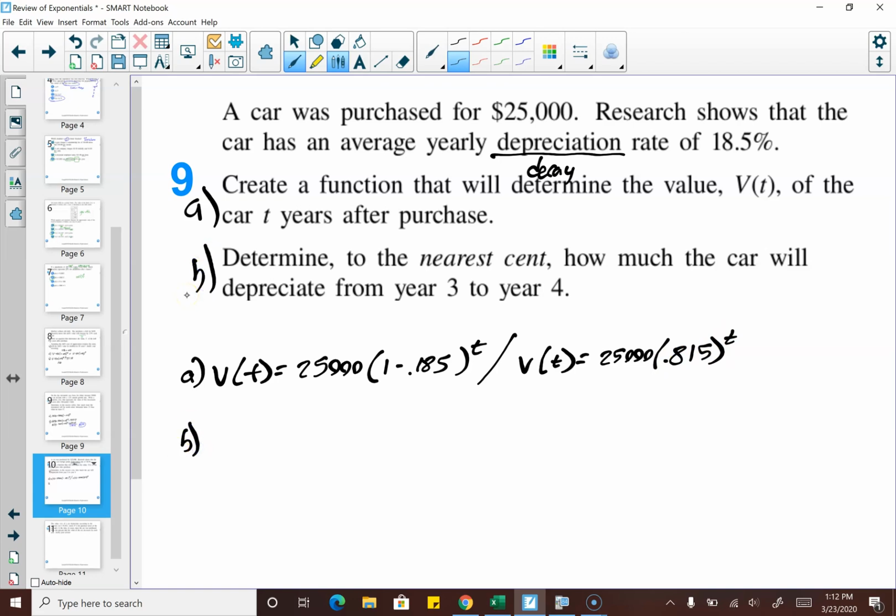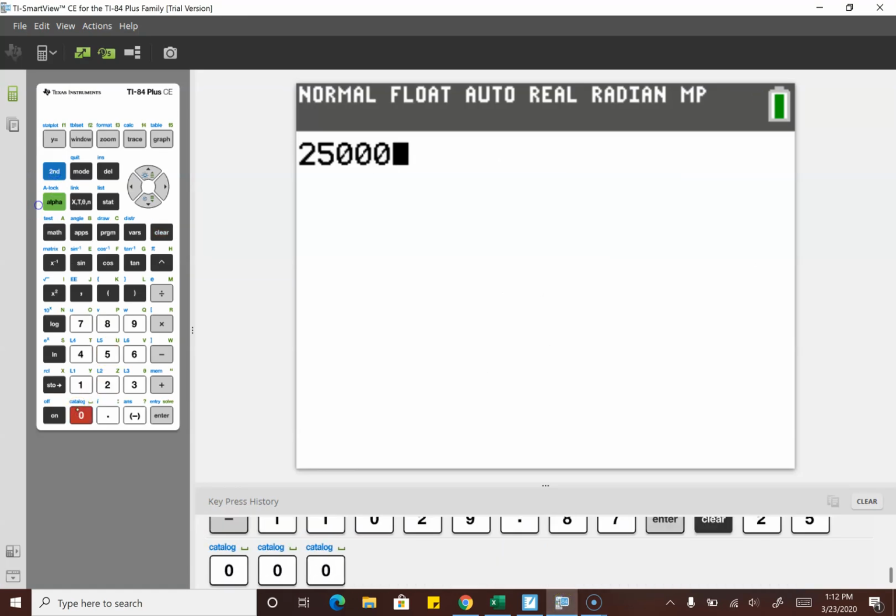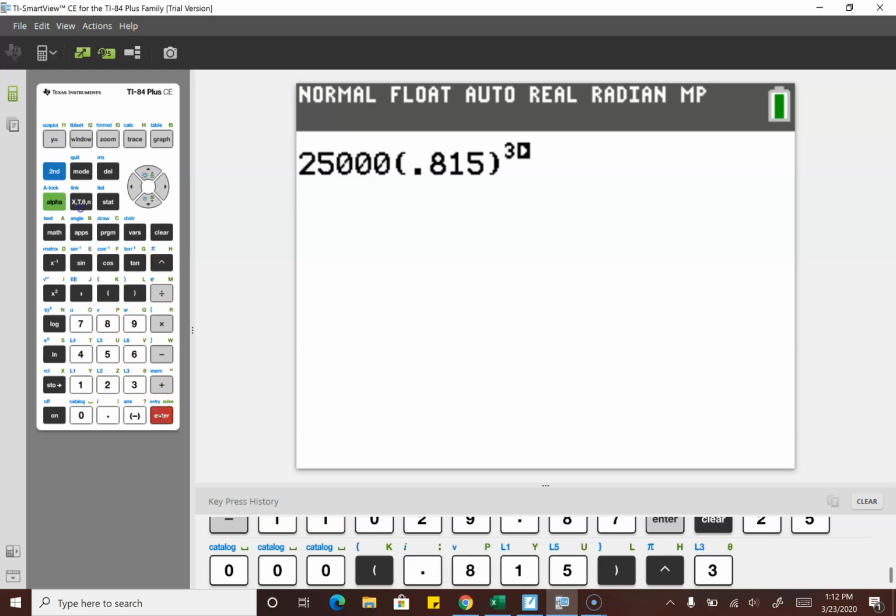In part B, to the nearest cent, how much will the car depreciate from year 3 to year 4? So this is kind of like what we did before, where we take our equation, plug in a 3, and get an answer. Then we plug in a 4 and get an answer. So in our calculator, it's 25,000 times 0.815 to the third.